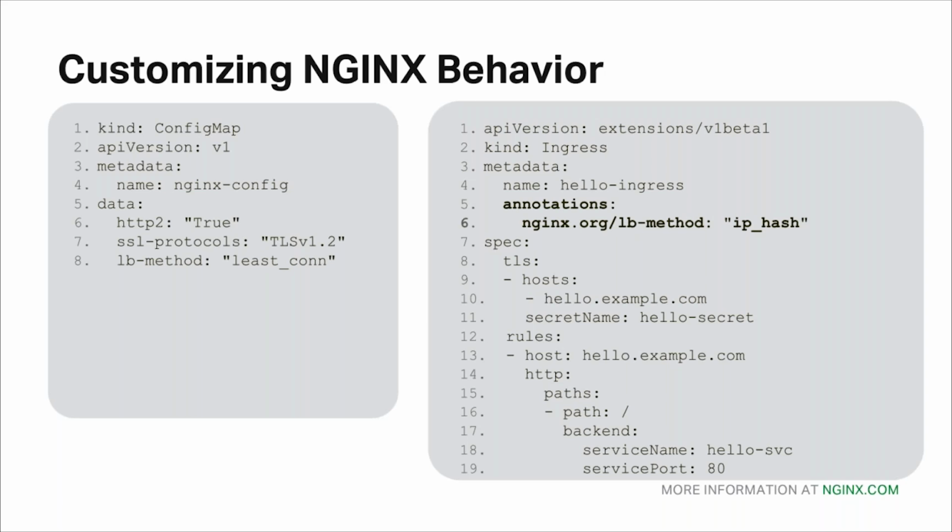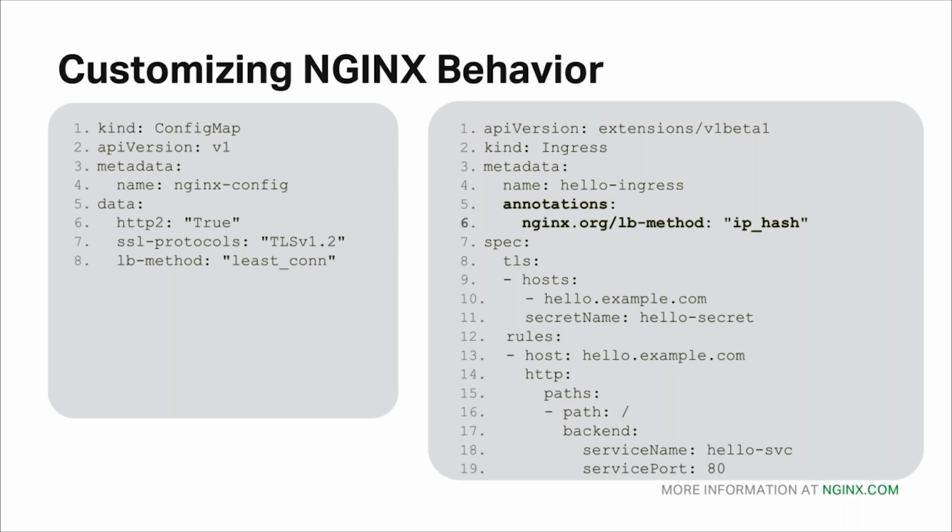For example, on the left here, we have a config map where we enable HTTP2, change SSL protocols, and change the load balancing method. But keep in mind that customizations defined in the config map resource will be applied globally for all Ingress resources.